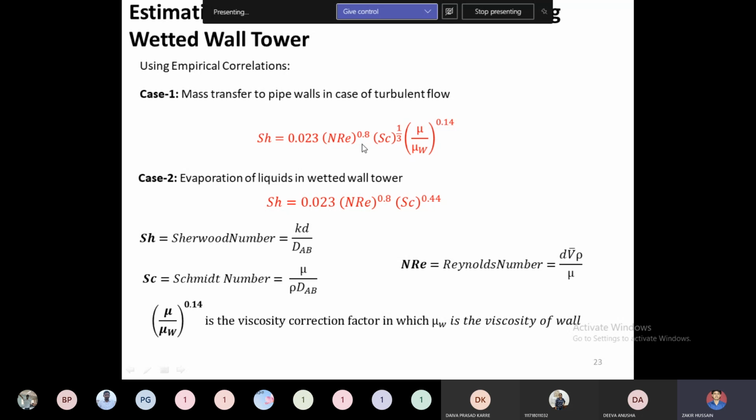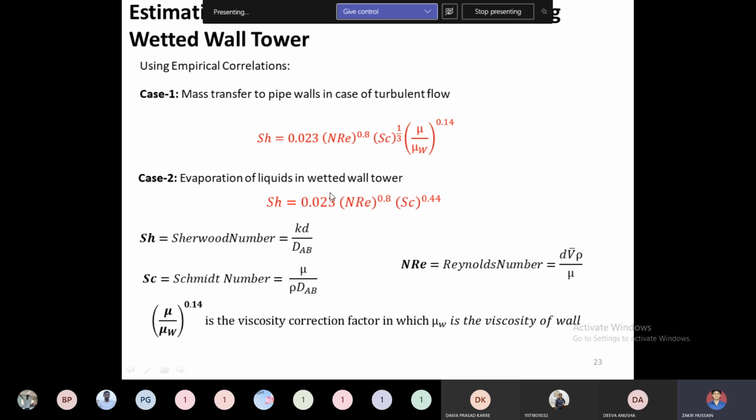Then the Schmidt number, SC, is given as nu by rho dAB, in which nu is the viscosity of the fluid, rho is the density, and dAB is the diffusivity of A through B. Then nu by nu W is the viscosity correction factor, in which nu W is the viscosity of the particular mass transfer wall.